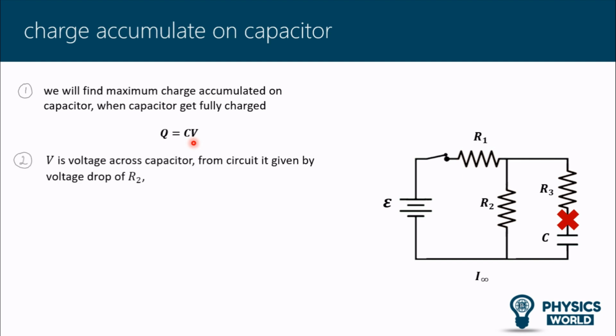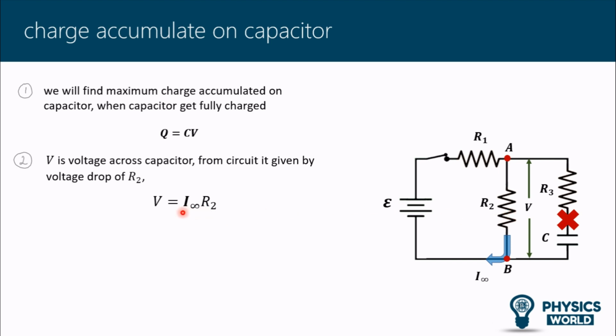So friend, here V, the potential drop across the capacitor, is given by the potential drop of resistor R2. As we know, after a long time current passes through only resistors R1 and R2. So the potential drop across R2 is given by V is equal to I infinity multiplied by R2.